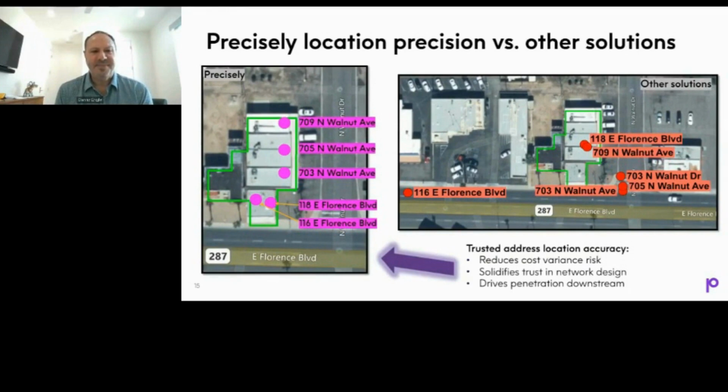As a network provider delivering fiber, you want to know that I'm not having to create connections to 4 or 5 different discrete locations in order to activate all these different addresses. I can create a connection to one single building, and boom, I've activated 5 different locations.